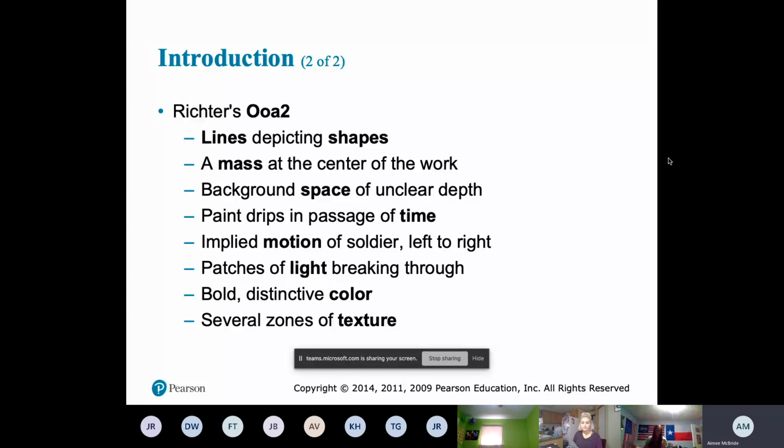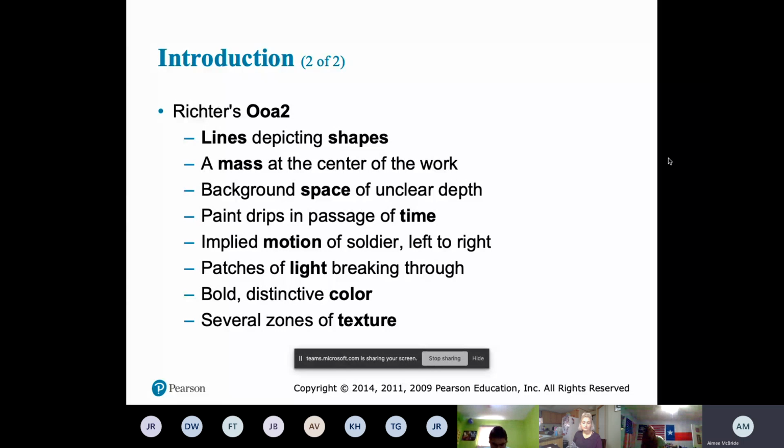We're also going to be looking at the passage of time in artwork for this section. The easiest way to understand the passage of time is seen in films, because those are a little bit more linear for us to understand, but it can be seen on two-dimensional planes as well. We're also going to be looking at motion.